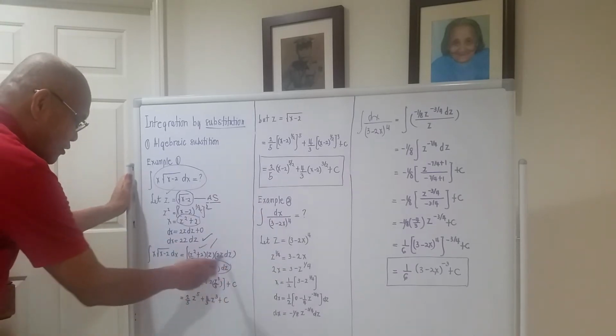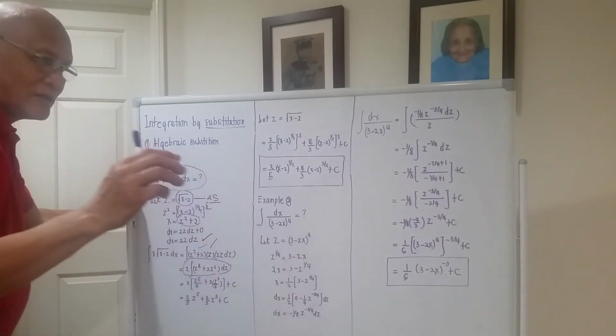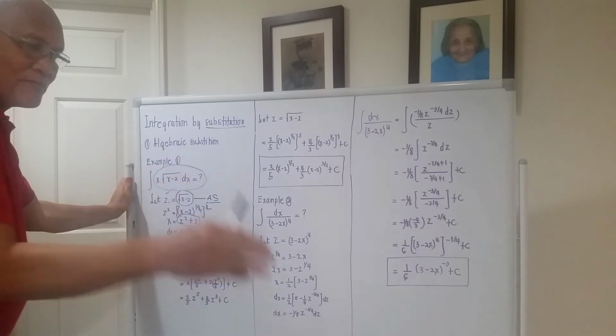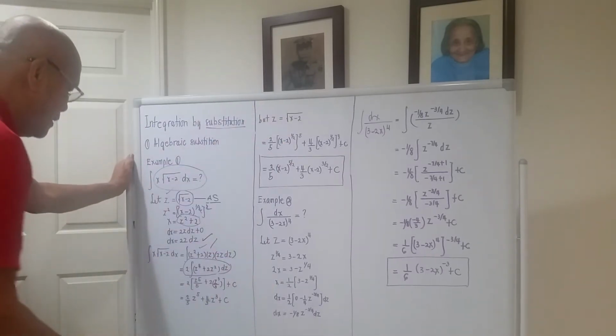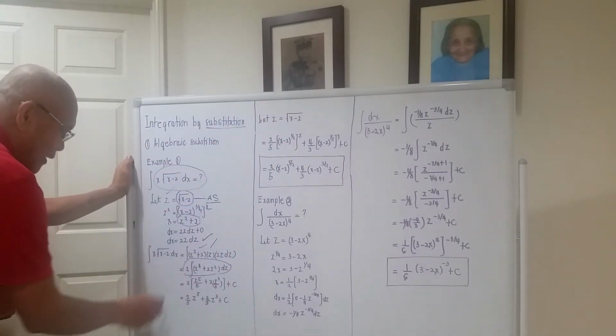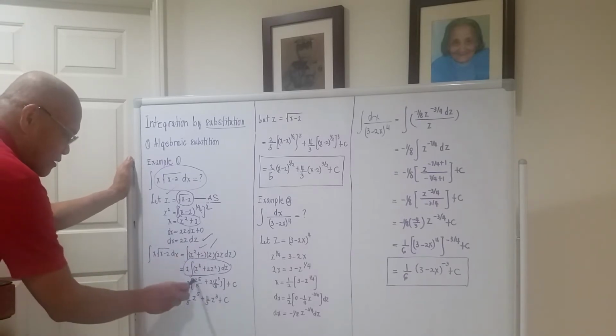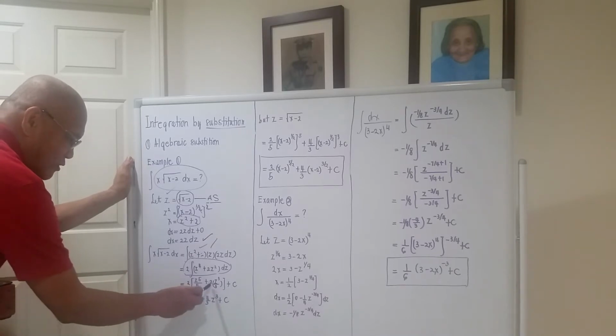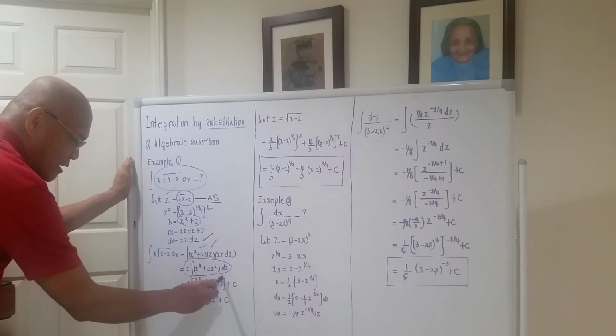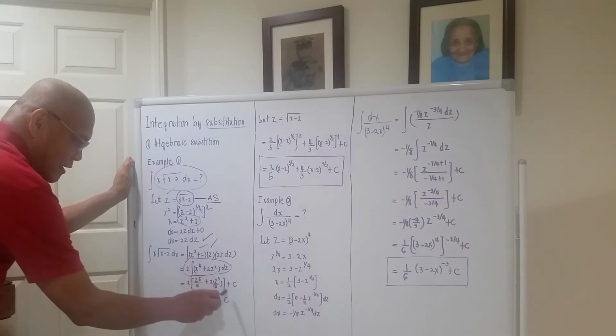So the integration after the substitution is 2 times the bracket: z raised to 4 plus 1, which is 5, over 5, plus 2 times z raised to 2 plus 1, which is 3, over 3, close bracket, plus c.